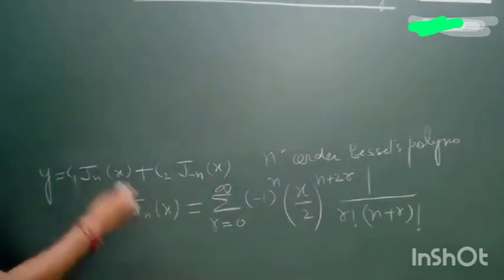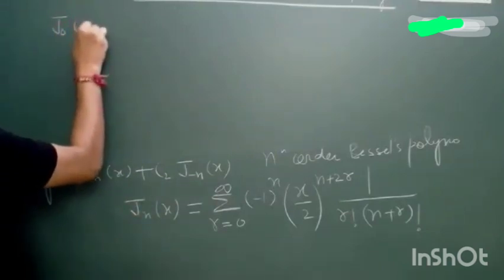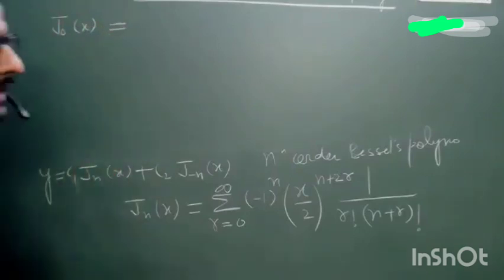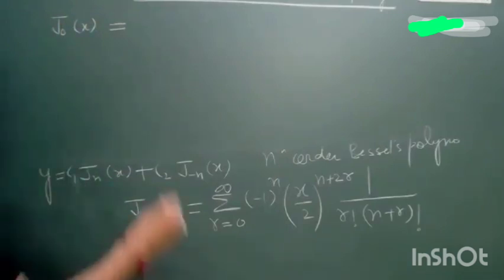Suppose from this I want to write J0. So all of the polynomials will be actually infinite series, unlike the Legendre. In Legendre, the series was not infinite, but here all of the polynomials will be infinite series.